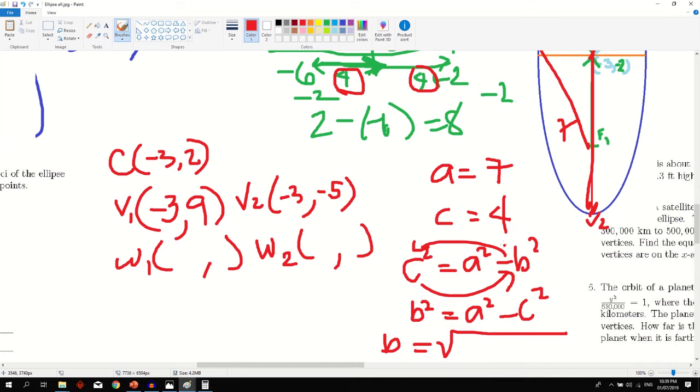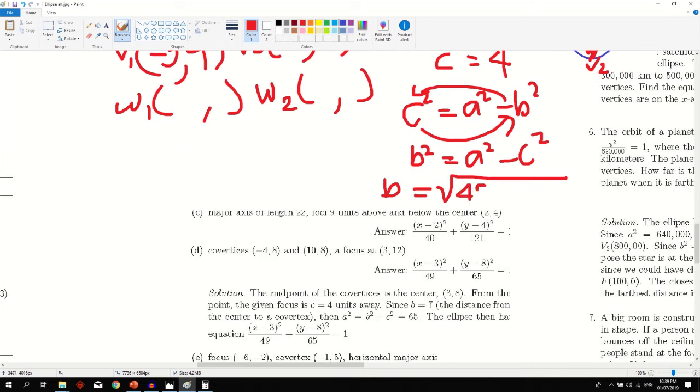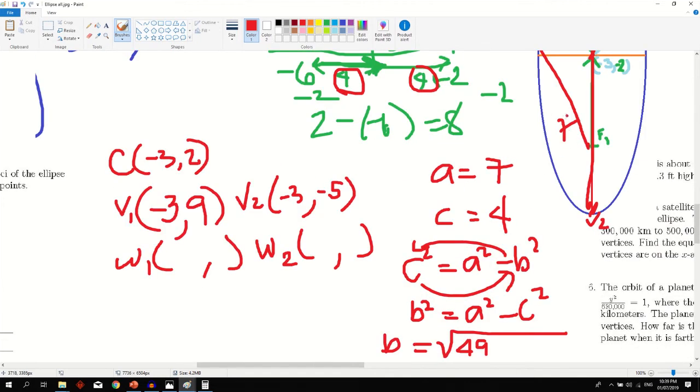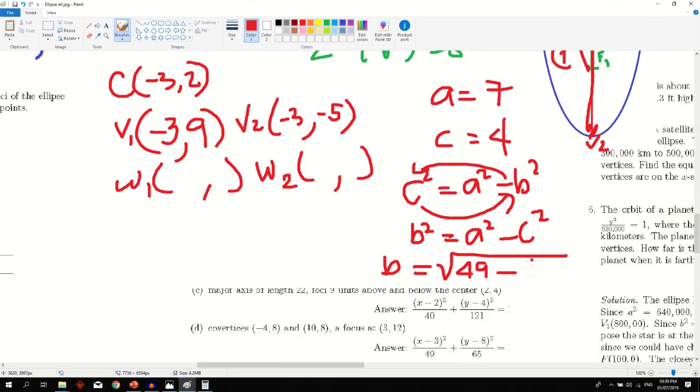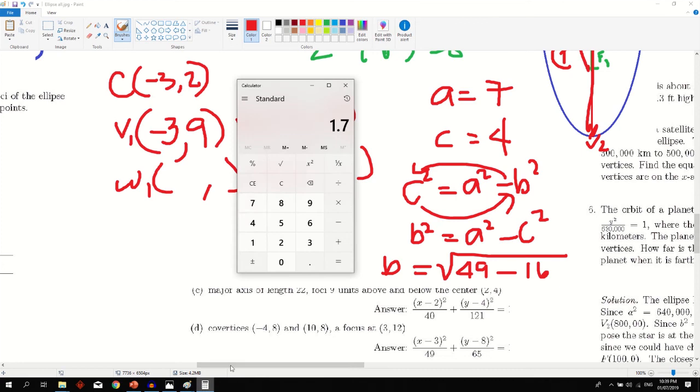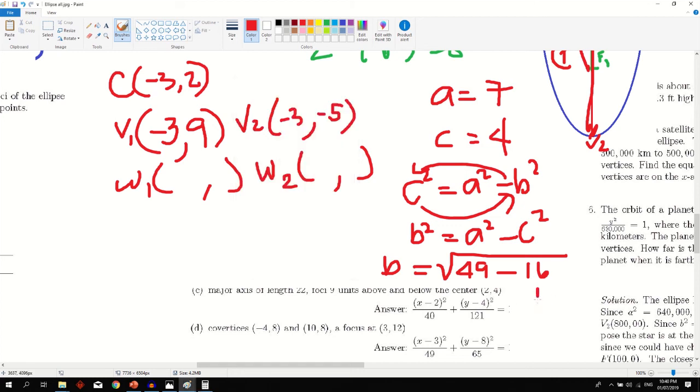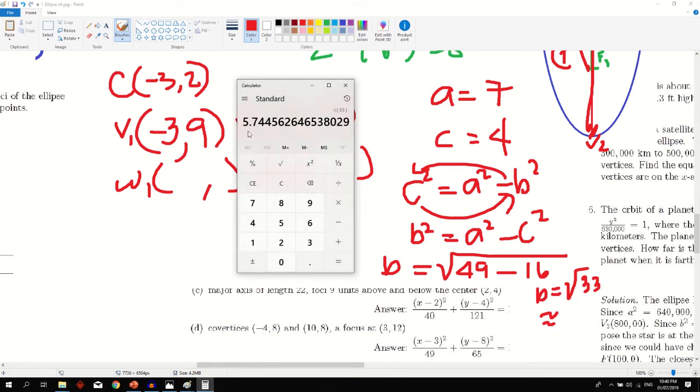What is A square? 7 square is 49, minus C, 4 square is 16. So we'll have here 49 minus 16 is equal to 33. So we will square root that. Okay, so B is equal to the square root of 33, or approximately equal to 5.74.